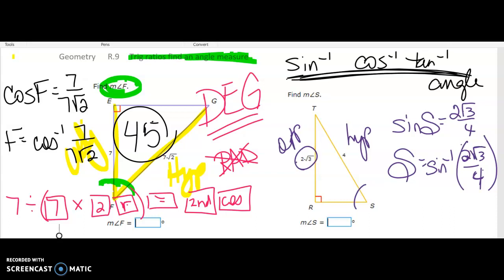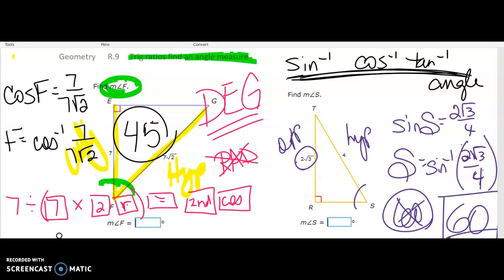So second sine, fraction, 2 square root 3 over 4, close your parentheses. 60. That is an ugly 60.